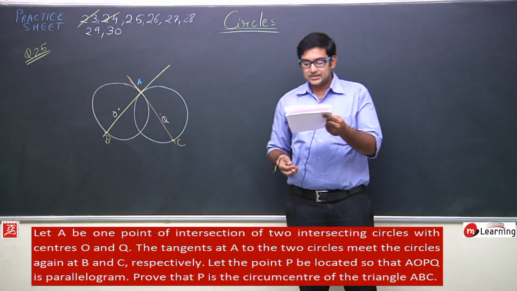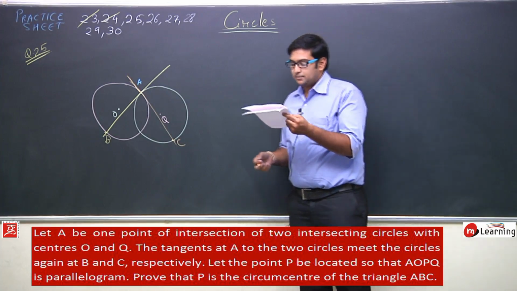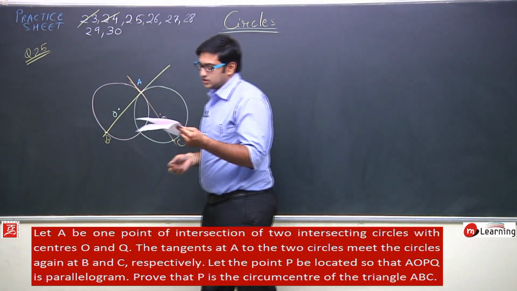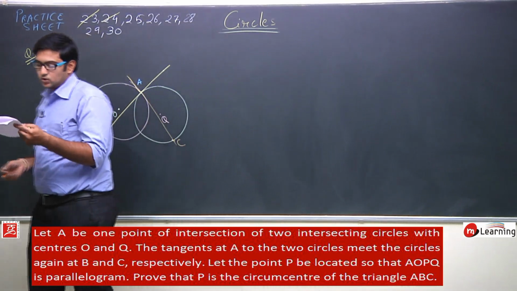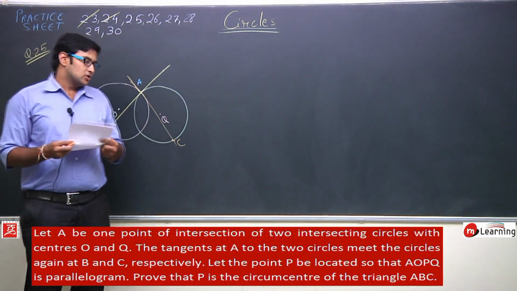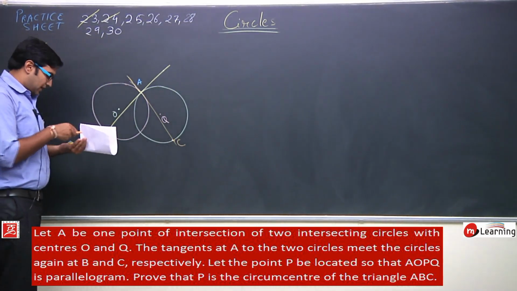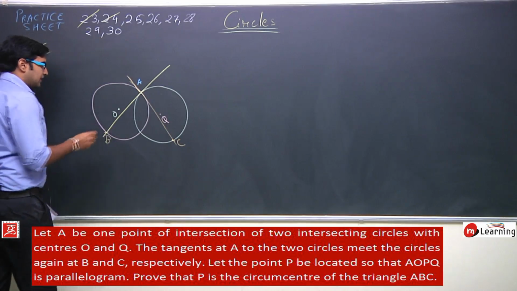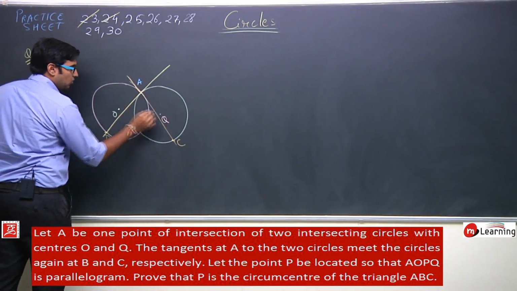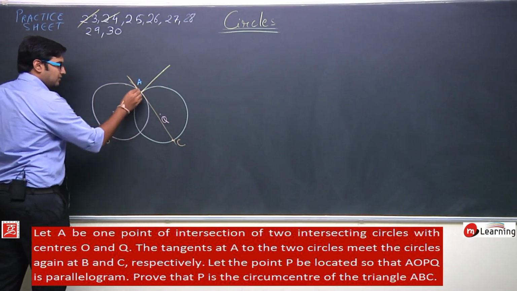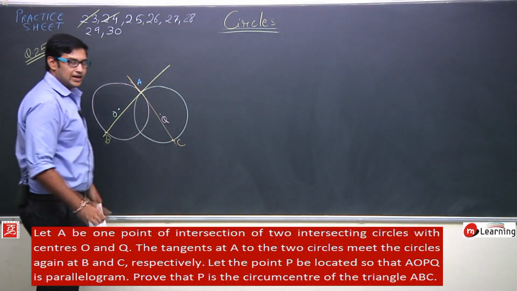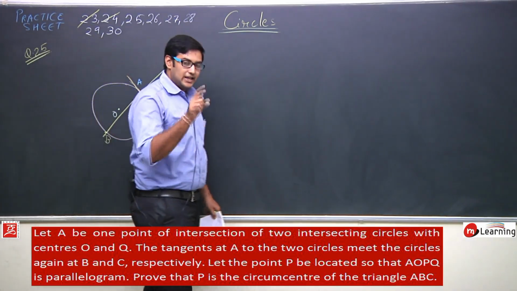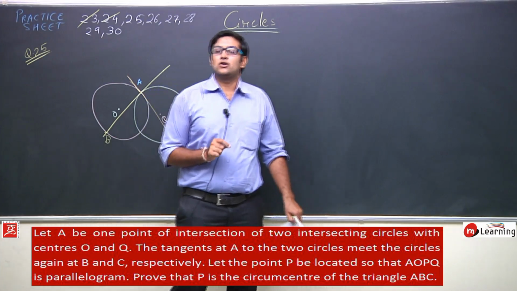After that it says, let the point P be located so that AOPQ is a parallelogram. Now you have three points here: A, O and Q, and you need to locate the point P such that AOPQ forms a parallelogram.